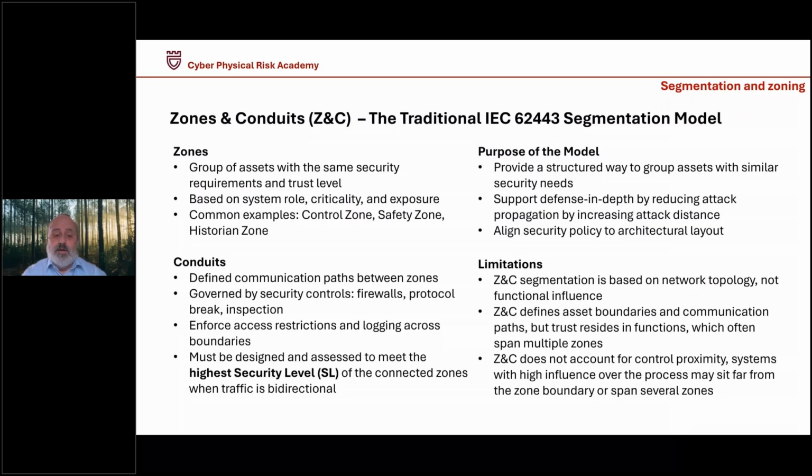Common examples are control zone, safety zone, historian zone. You can give it different names. Sometimes people use level 2 zone, level 1 zone, level 3 zone. That's also possible, but you can also make it smaller. And I will discuss, I think in the next slide, that you can also have subzones that make things smaller.